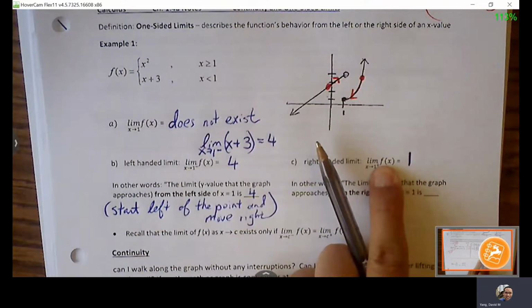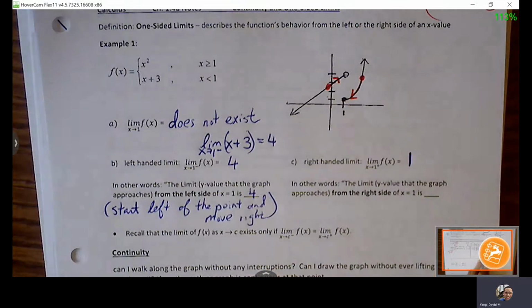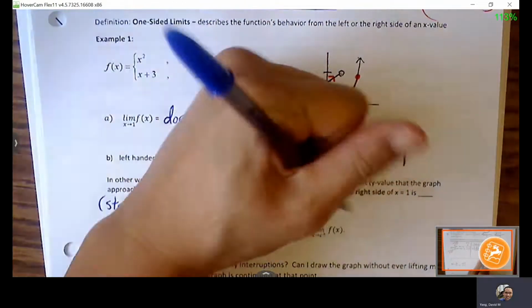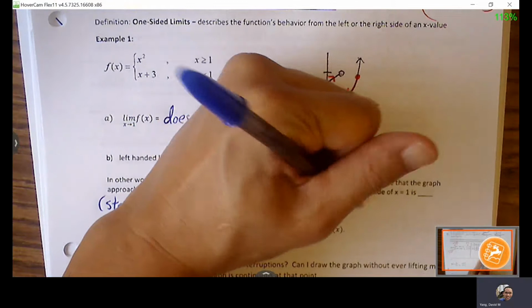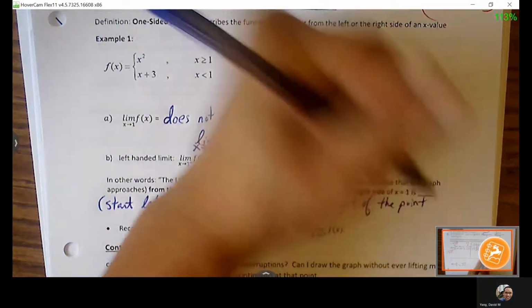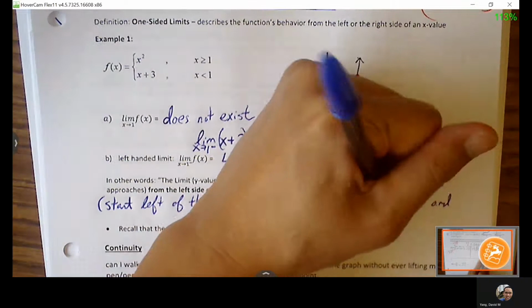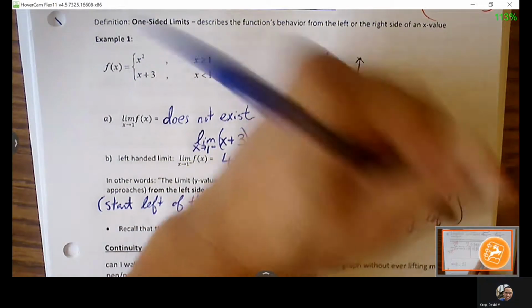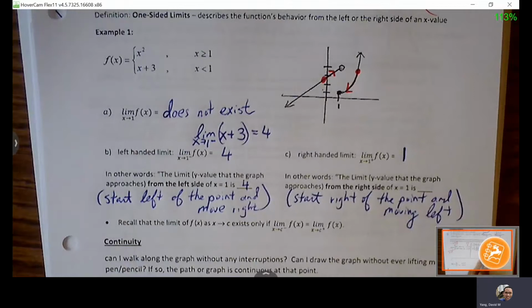And that plus exponent means that we're starting to the right of the target and moving towards the target. We're starting on the right side of the point and moving left.